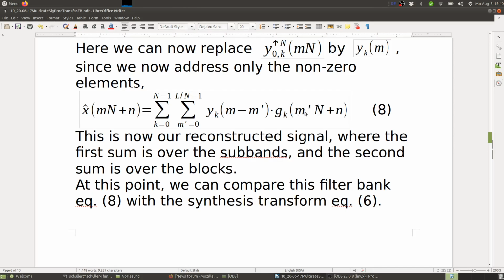You can see here this is the only time where we have the m prime. So the sum index m prime goes from 0 to the length of the filter divided by block length N. Right. So this sum is only necessary if we have an impulse response which has a length of 2 blocks or more.